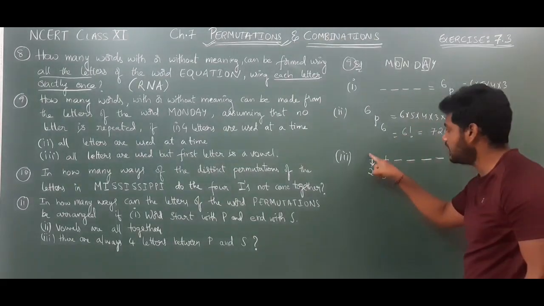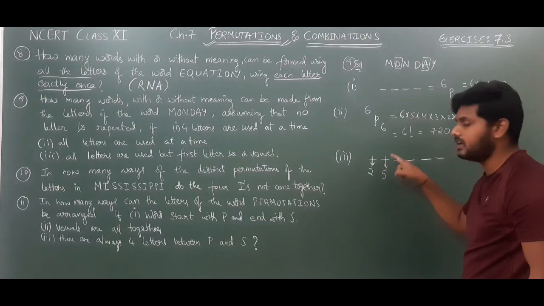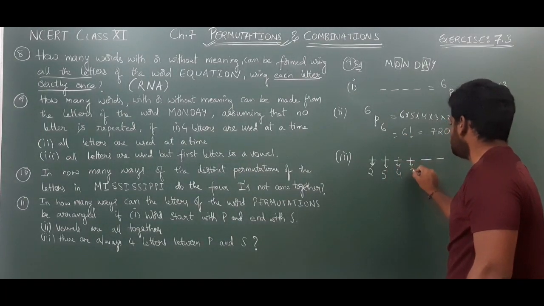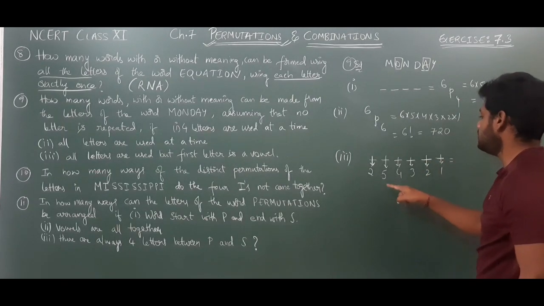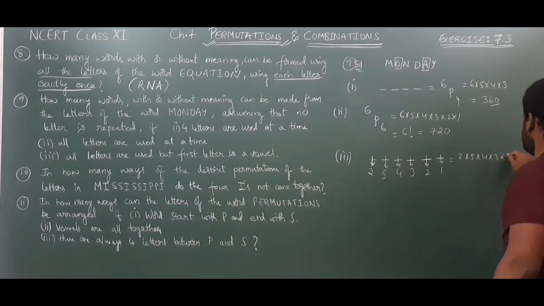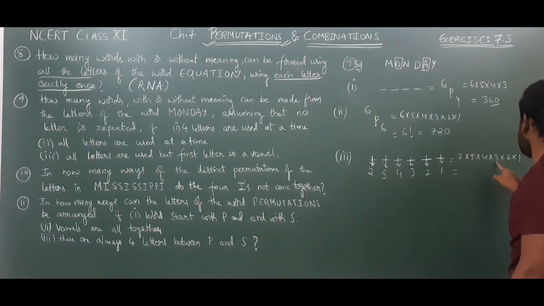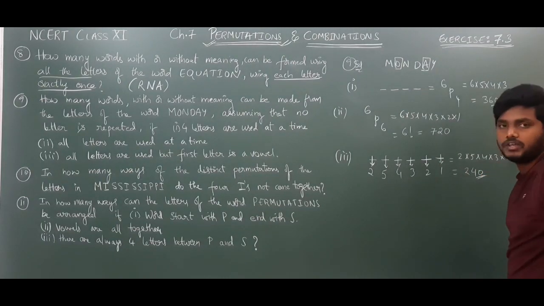Next it will have 4, next 3, next 2, next 1. So it will be 2 into 5 into 4 into 3 into 2 into 1. 2 5 is 10, 10 4 is 40, 40 3 is 120, 120 2 is 240 number of ways.